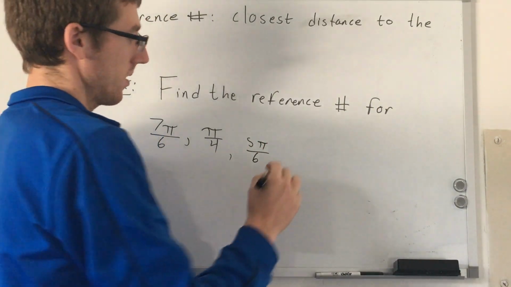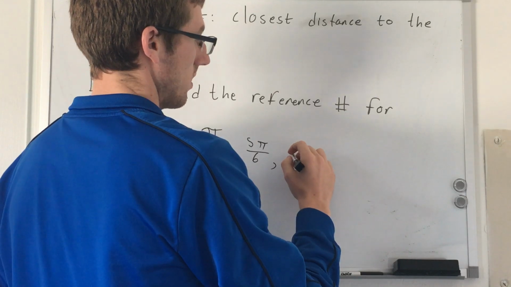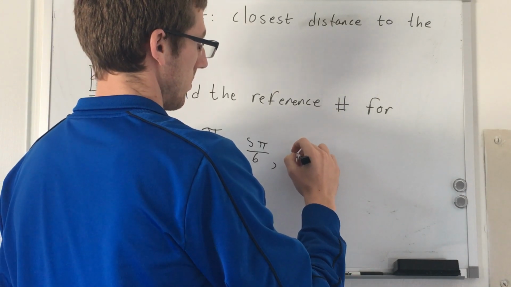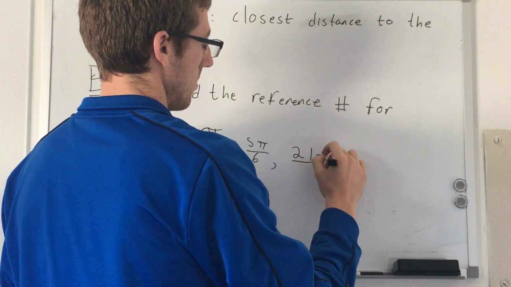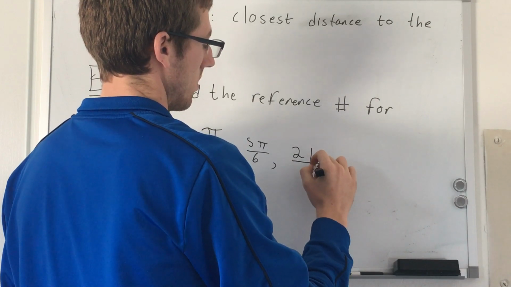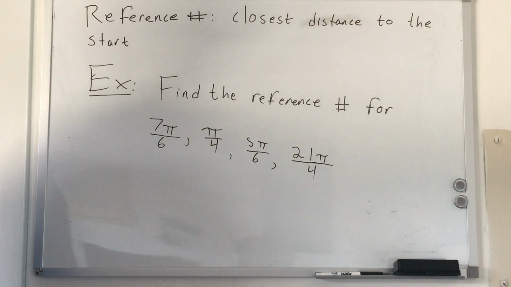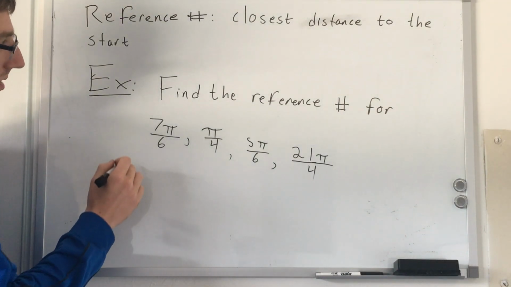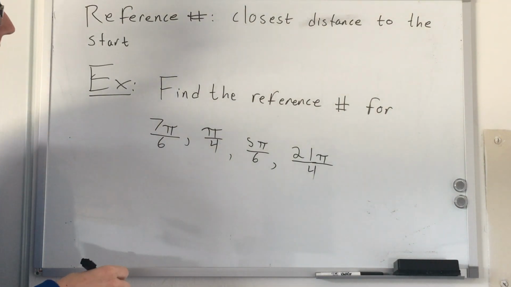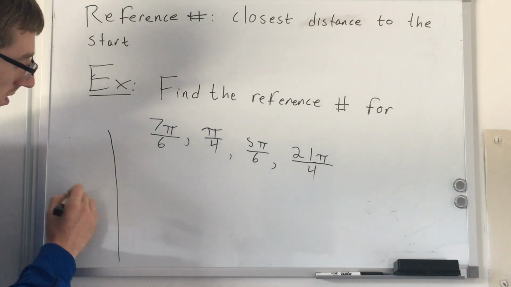We'll do something crazy like 21π over 4 or something. Okay. So we're going to draw our unit circle here, I guess.